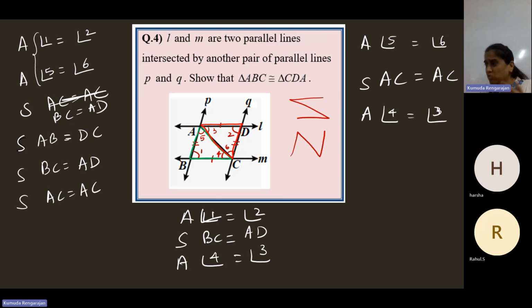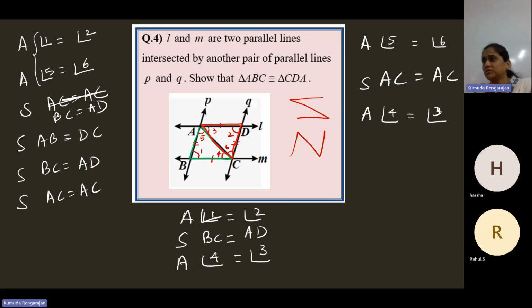Sometimes you'll have so much information that you can use. Here we've used all the congruence criteria except RHS. ASA you can do in different ways, and AAS also in two or three ways. You can use SAS, you can use SSS. Everything is correct.